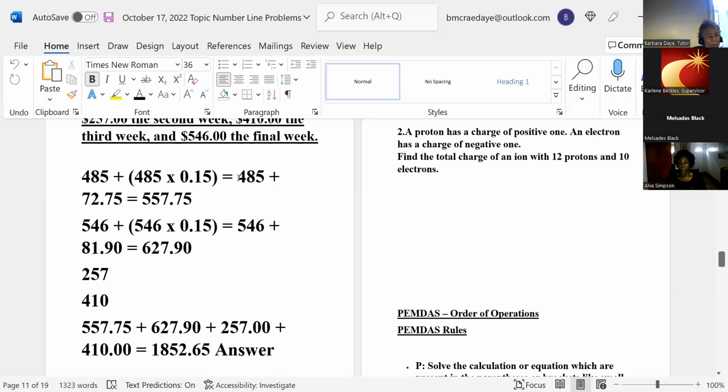It's like salespeople who work on commission. They may get a regular amount plus a percent of their sales.